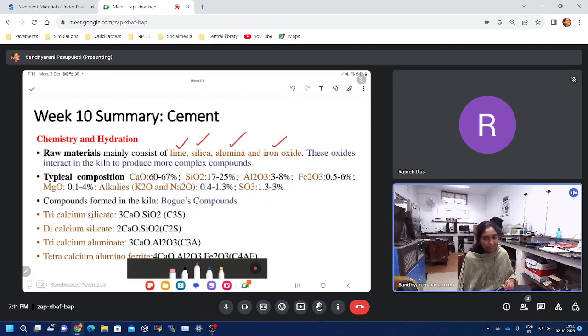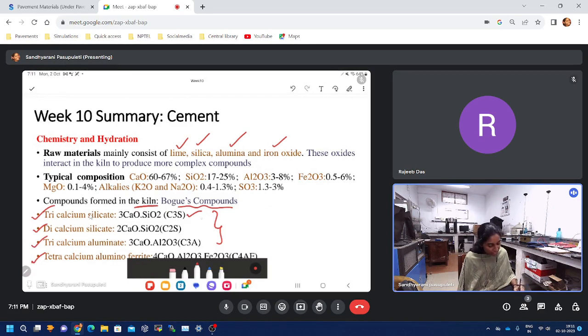When we keep these calcareous and siliceous materials inside the kiln at higher temperatures, there is a formation of a few compounds. Those compounds are called Bogue compounds. The first compound is tricalcium silicate, which is the C3S. In addition to the tricalcium silicate, we can also observe dicalcium silicate, tricalcium aluminate, and tetracalcium aluminoferrite.